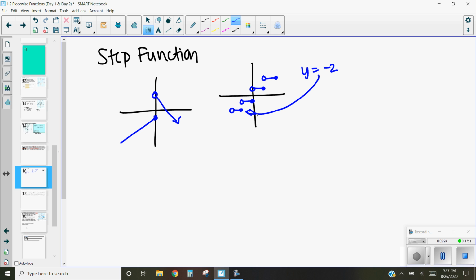So in our function, we might see something like f of x equals 2 if x is between -3 and -2, and then it might equal -1 if x is between -2 and -1.